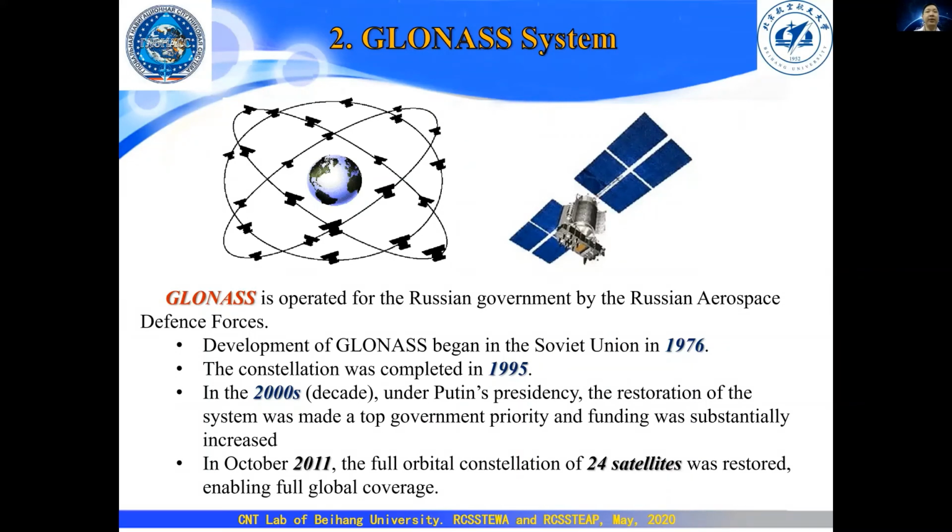So under Putin's presidency, the restoration of the system was made a top government priority. So in October 2011, the full operational constellation with 24 satellites was restored. Actually, GLONASS is very good, and I think the Russians were bankrupt, they didn't have money to maintain the satellites, and then now it's beginning to recover.